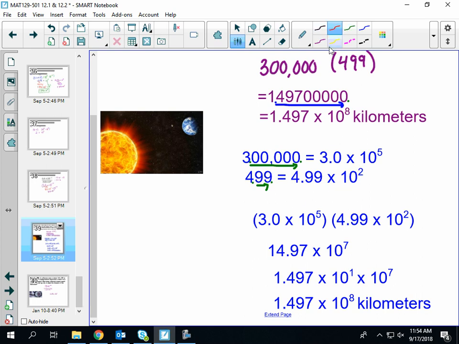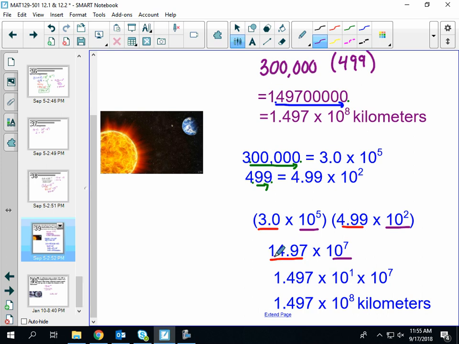When we multiply the number parts, the 3.0, or just plain old 3, times 4.99 to get 14.97. And then when we multiply the 10 to the 5th times 10 squared, the base stays the same, and we add the exponents to get that 10 to the 7th. But remember, 14.97 is too large. It has to be in between 1 and 10.